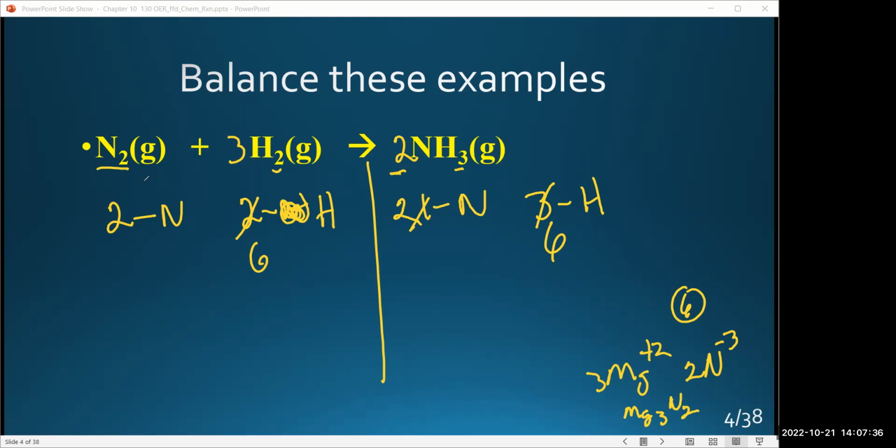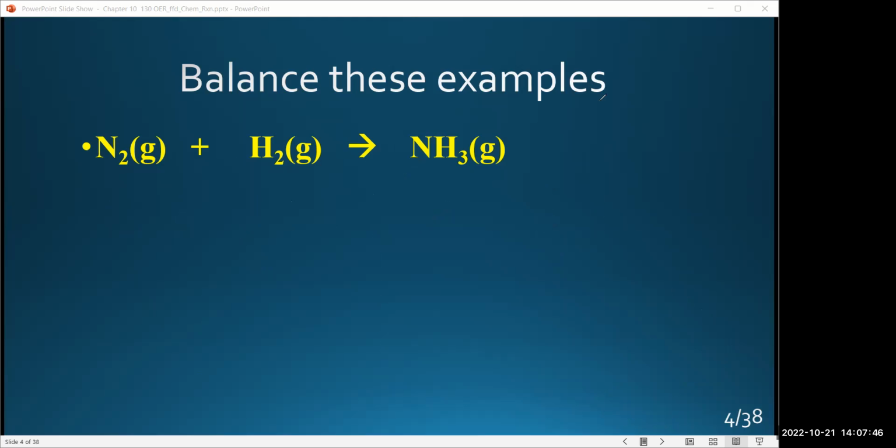1 molecule of nitrogen gas requires 3 molecules of hydrogen gas to yield 2 molecules of ammonia. All right, so we are balanced there. And another way to look at it is to break it down. You got nitrogen there, and then you got 3 molecules of hydrogen, and then it yields 2 ammonias.